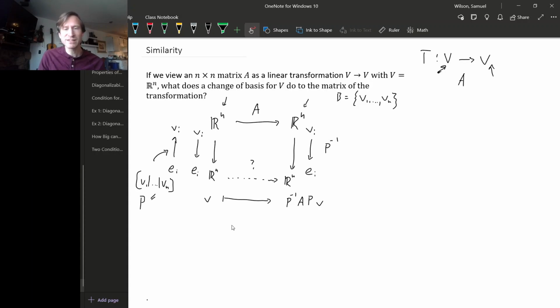So we started with a matrix A, we changed to a new basis for Rn, and what we got was a matrix P inverse AP.